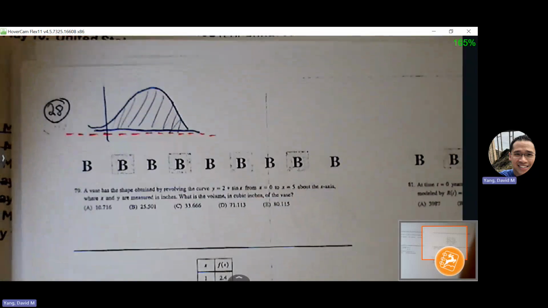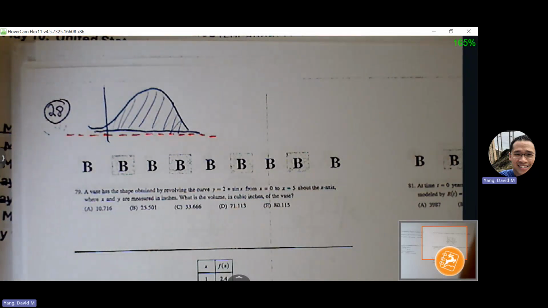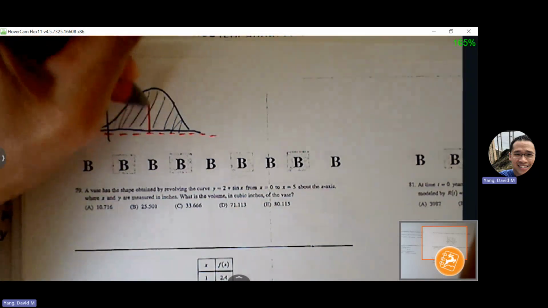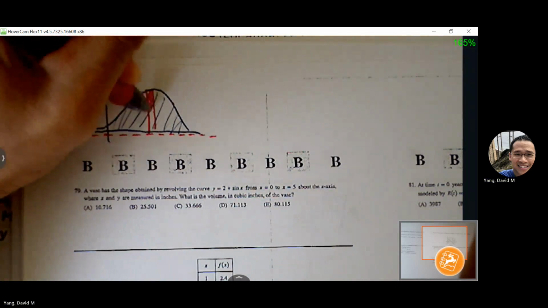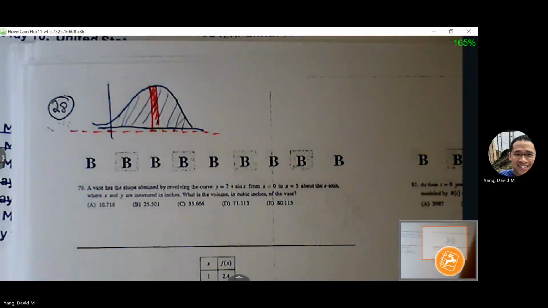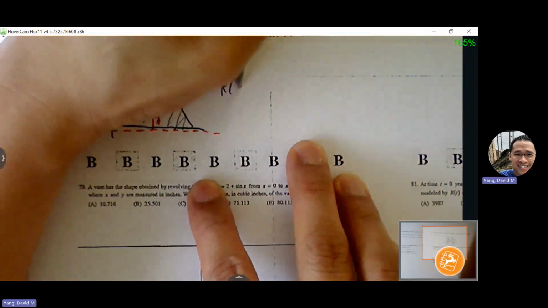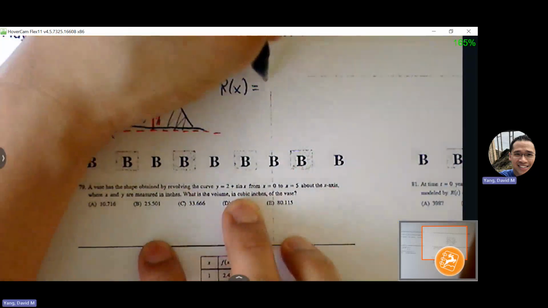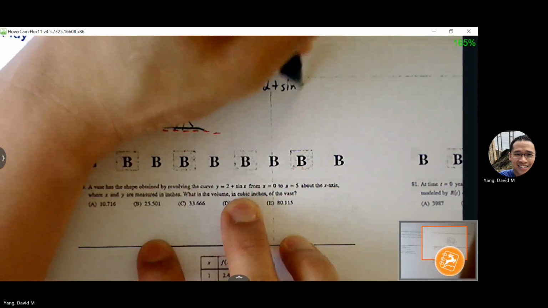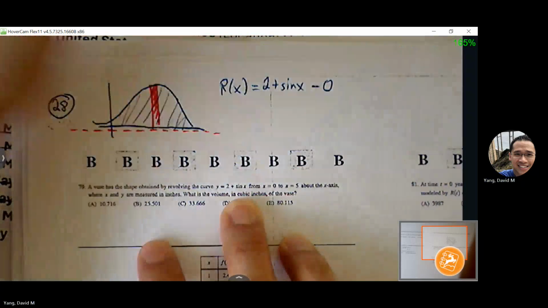We can tell that this is going to be the disc method because there's no gap between the graph and the x-axis, so all we need is one big radius. Radius is top minus bottom. My top is 2 plus sine of x. My bottom is sitting at 0.